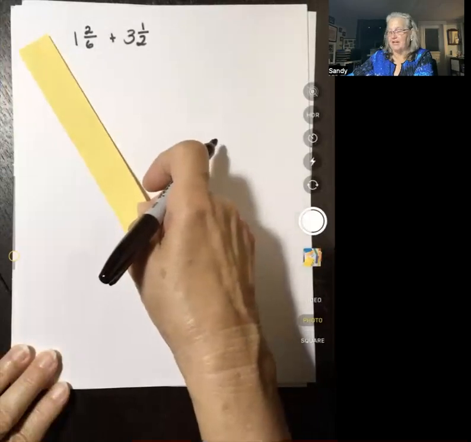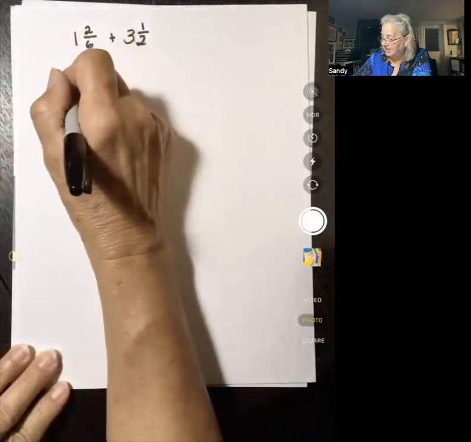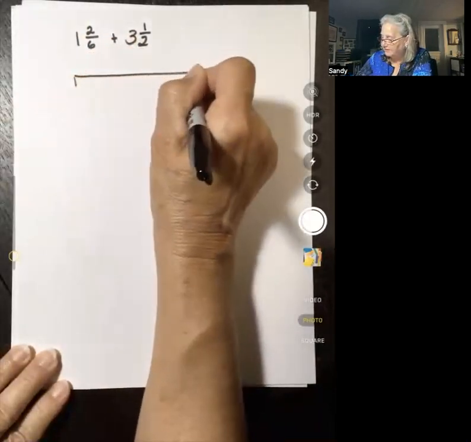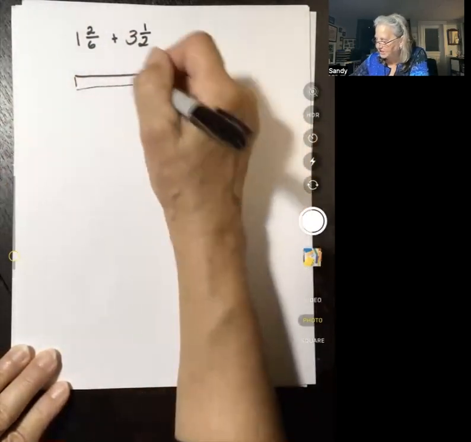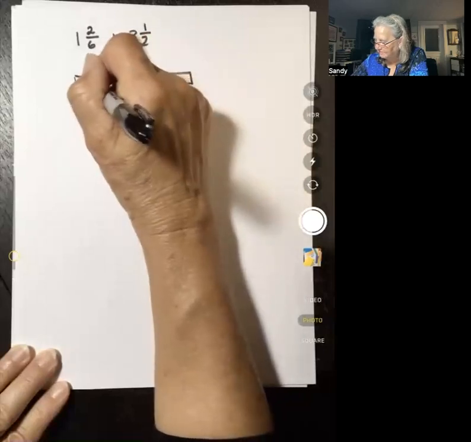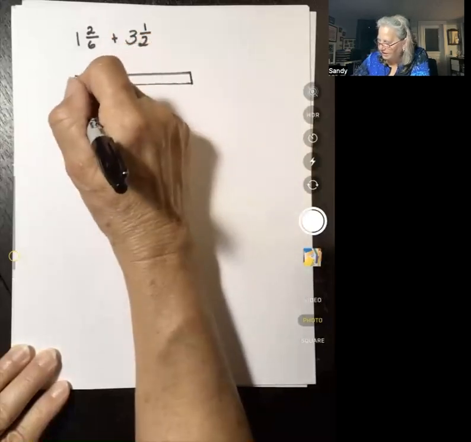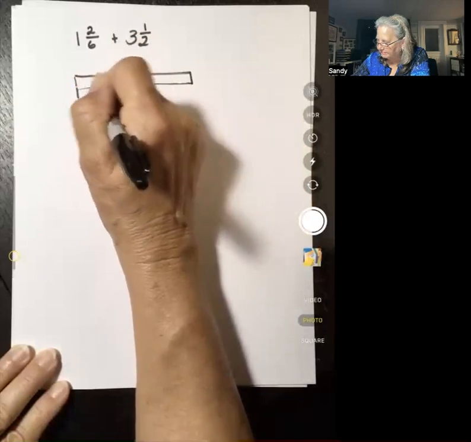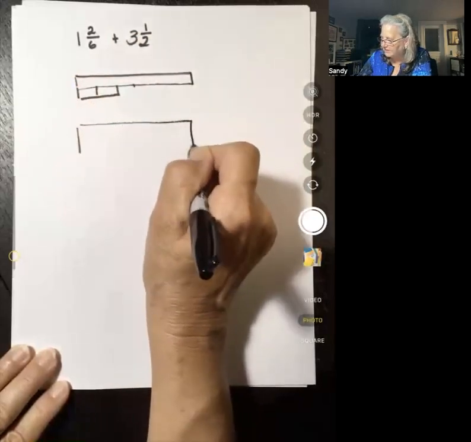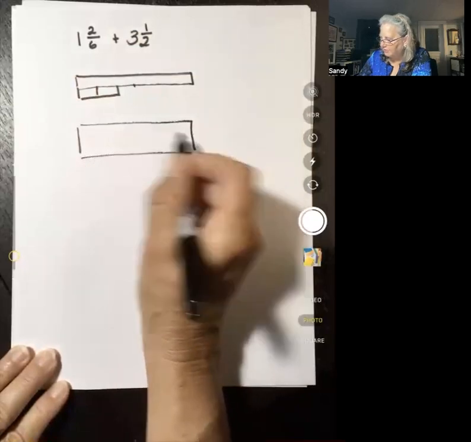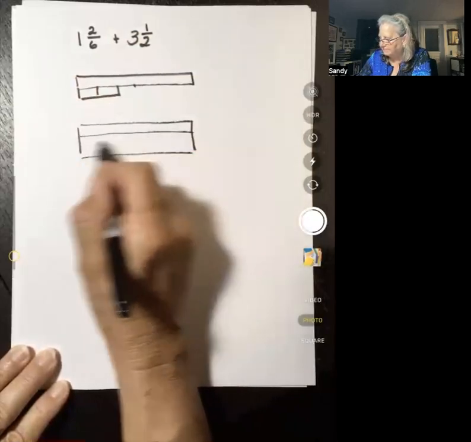Okay, we're not going to use the fraction kit pieces, but let's just say I've got 1, and I'll apologize right now for my drawings. I hope you can see what I'm doing though. I have 1 and 2/6, and I want to combine that with 3 and 1/2.